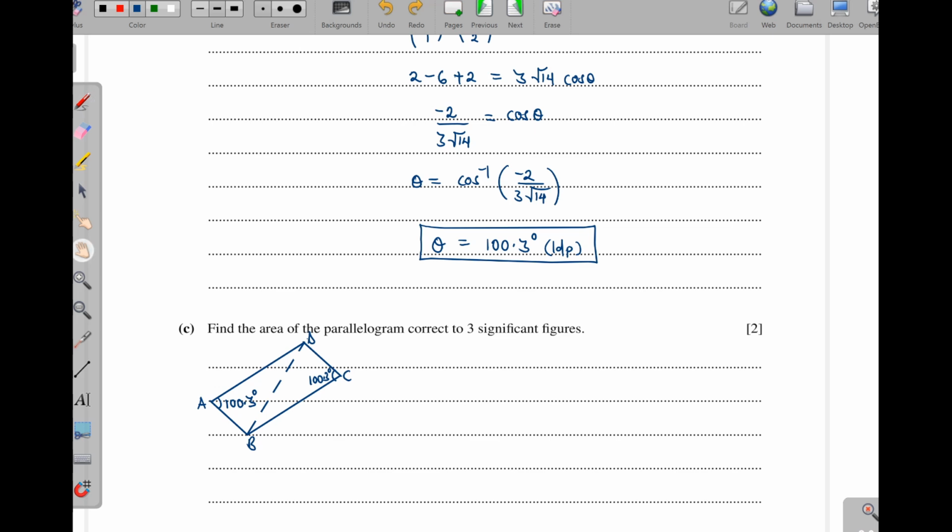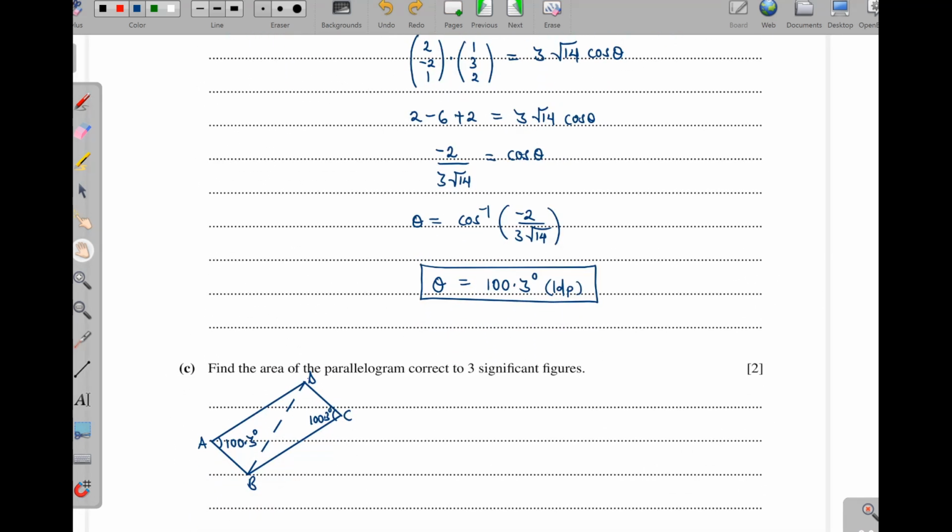Our AD, we got it as 3. So this is 3, then this is root of 14, okay? It looks weird. Like this AB is bigger than this, but it is just a sketch. No mark for the sketch, okay?